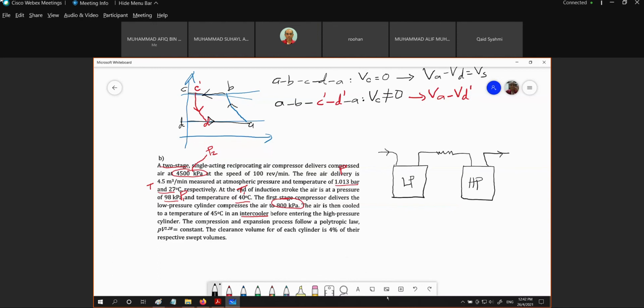This is our P and T. This is our P1, T1. This is our P2, T2. And this is our intercooler. Water in, water out.